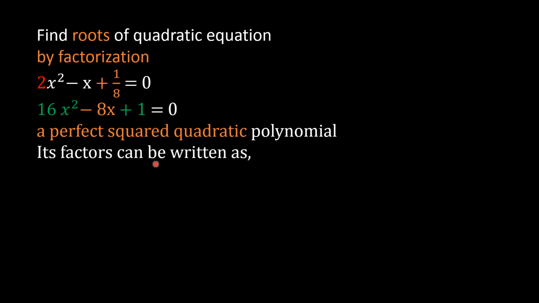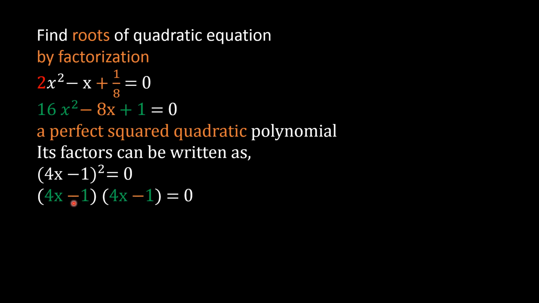We will write its factors as the square root of 16x squared is 4x, the square root of 1 is 1, the sign of the middle term is minus, that we will write here. So the factors will be 4x minus 1 whole squared, which will be equal to 0.